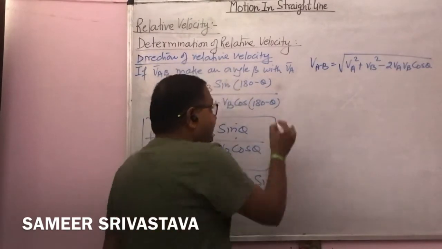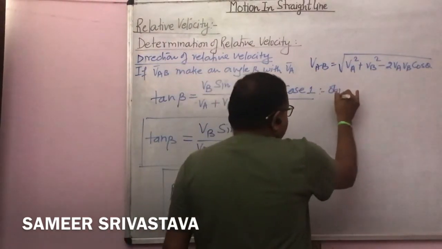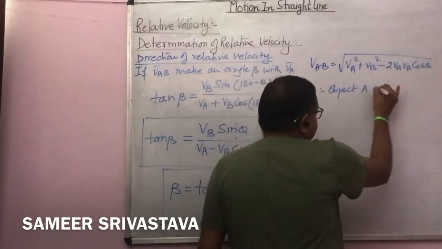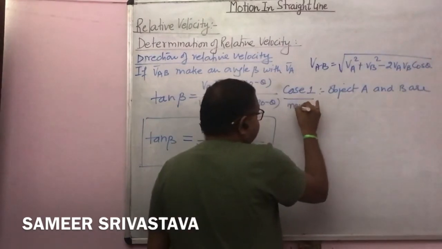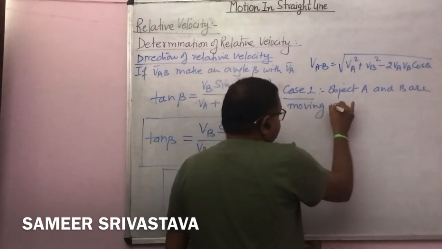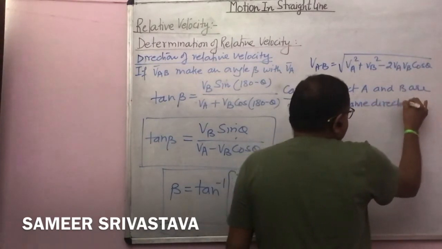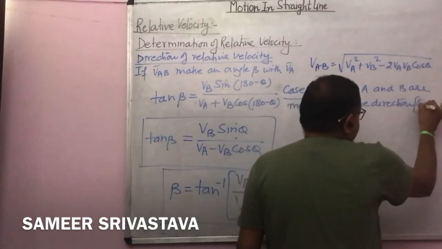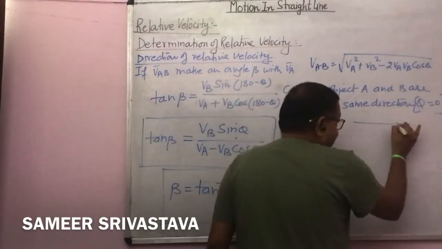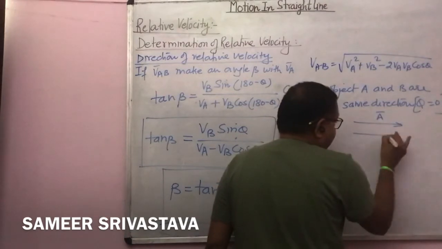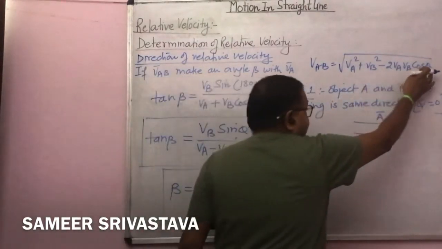Now if I say case 1, objects A and B are moving in the same direction. What does it mean? It means theta is 0. The object A and object B are moving in the same direction, that means theta is 0. So put theta 0 here.